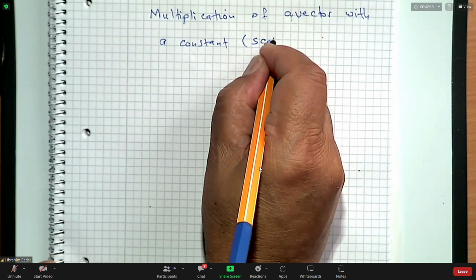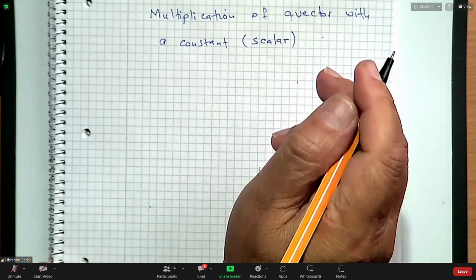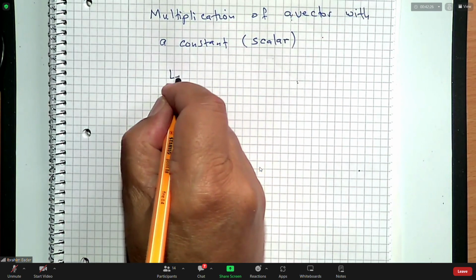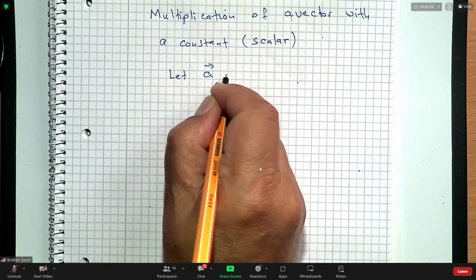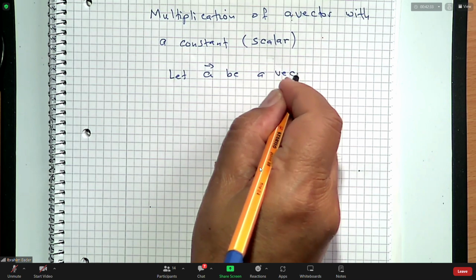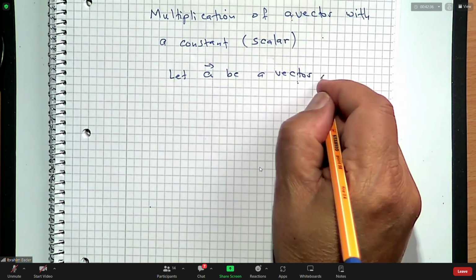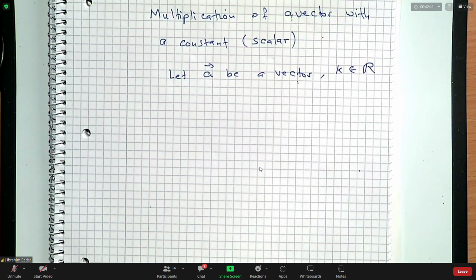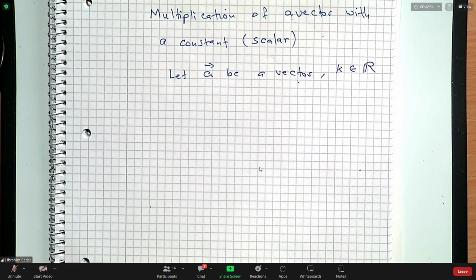I think in English they write it with C. Okay, so let A be a vector and K is just a constant real number. Now, what does it mean multiplying a vector with a constant?